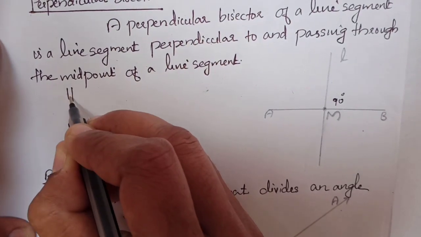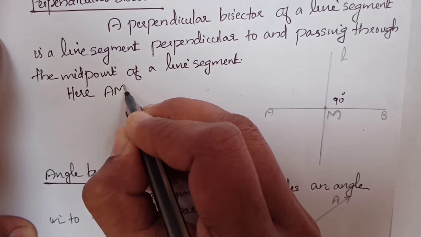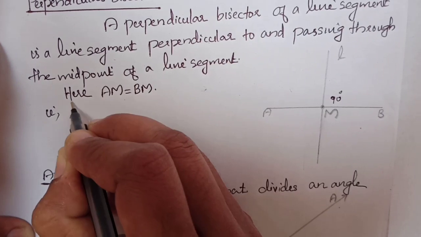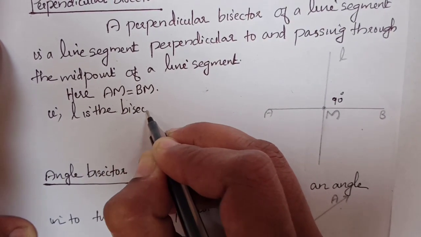Here AM is equal to BM. That is, L is the bisector of AB.